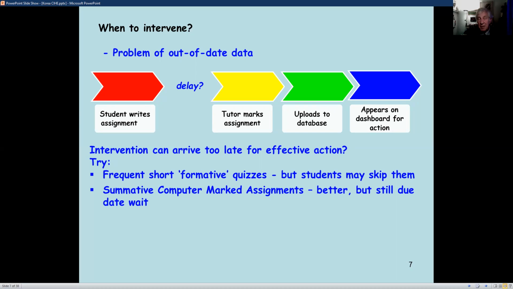That's better, but you still have the problem of waiting for the due date. A student might look at the assignment, think it's too difficult, decide not to carry on, but by the time you find out, he's already gone. So might it be possible to get data in real time?